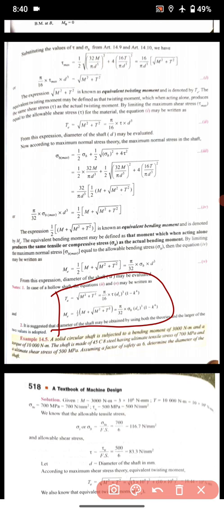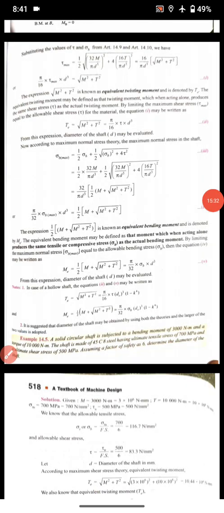Now there is a question which we are going to solve. A solid circular shaft is subjected to a bending moment of 3000 Newton meter and a torque of 10,000 Newton meter.